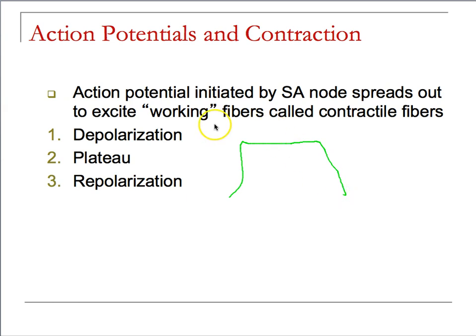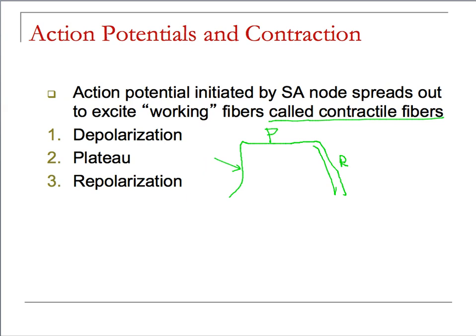And this is for individual contractile fibers. So that's one cell. Okay? And what's going to happen, of course, is here's our depolarization. That is the plateau. And this is going to be our repolarization right here, right?